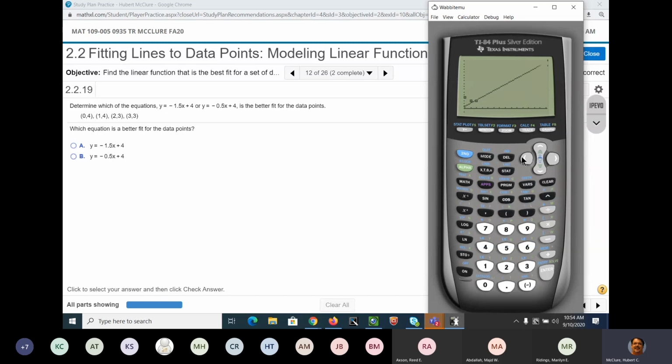Let me clear that other thing out. Now hit graph, hit zoom 9.